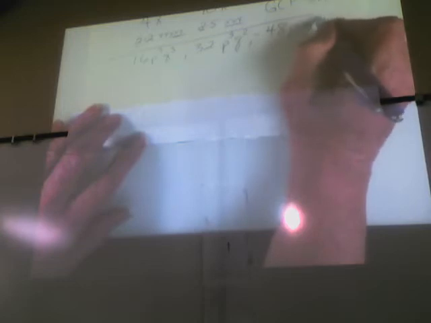Okay, there are some kind of long, crazy ones. Let me show you one like that. How about 16 p to the 5th q cubed, 32 p cubed q squared, and negative 48 p q to the 4th.